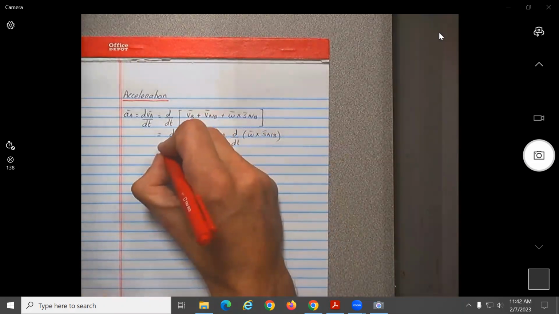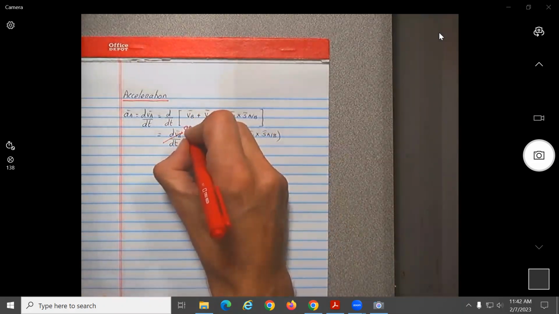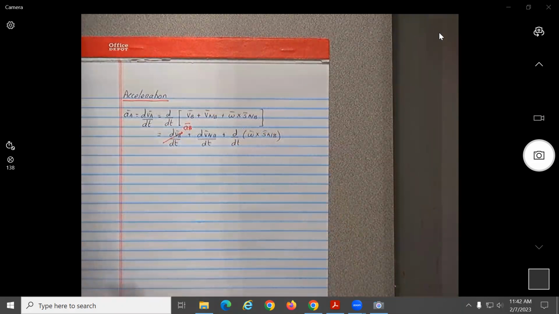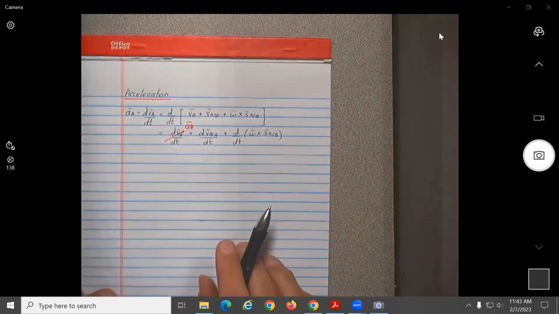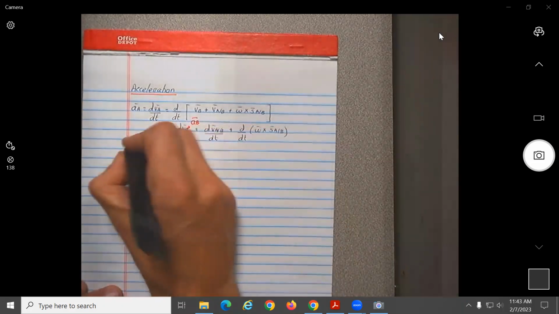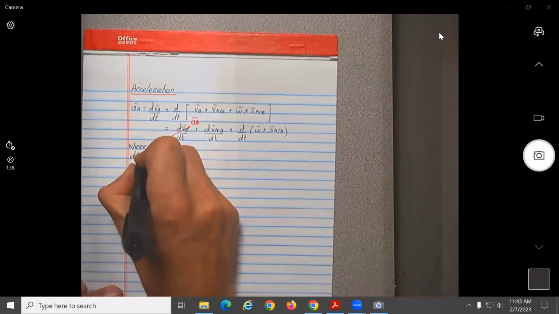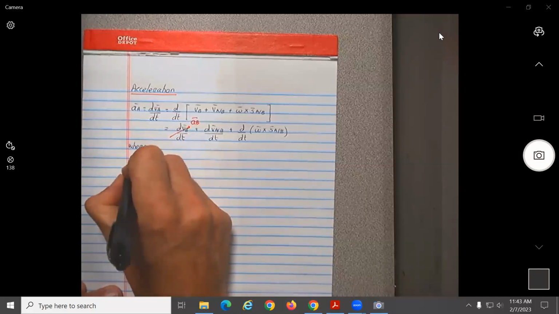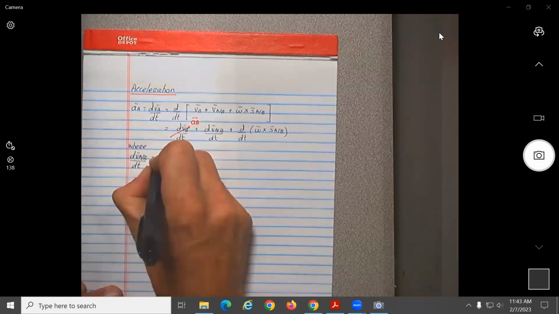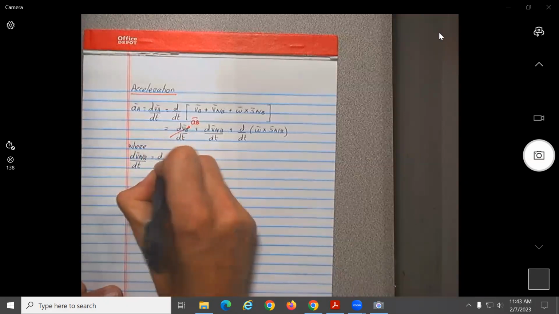Okay, so this first one is very easy. Here, this would be the acceleration of B. Now we're going to have the other term. If we take the derivative of this one, we need to do as before.